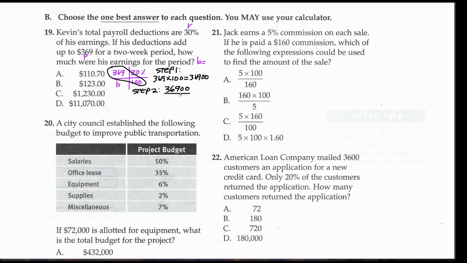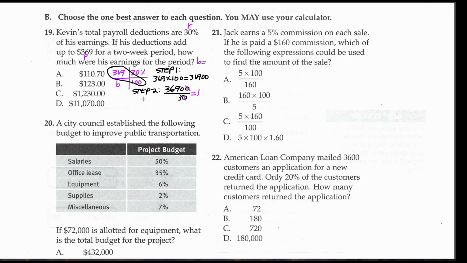So if I put a 3 here and 0 here, I will need to cross out the 0 here, cancel out 0 here. So now I end up with 3690 divided by 3. So let's do that math mentally. 3 divided by 3 is 1.